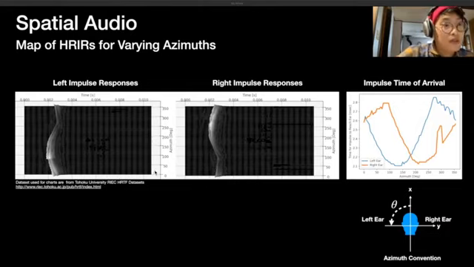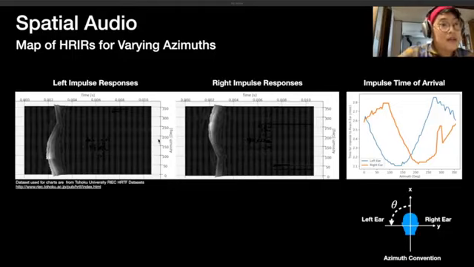Now, as the speaker moves towards the left ear, we find that the impulse level that the left ear hears is at its maximum, but the level heard at the right ear is at its minimum. Moving the speaker towards the back of the head, we find that the levels and the times of arrival are roughly the same.